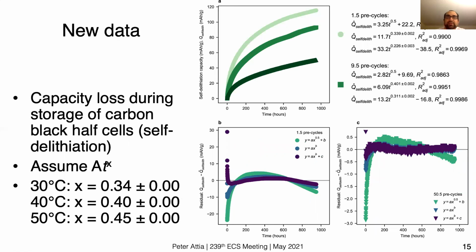Okay, and lastly, this is a new data set looking at capacity loss during storage of carbon black half cells. So this is essentially a measure of self-delithiation.